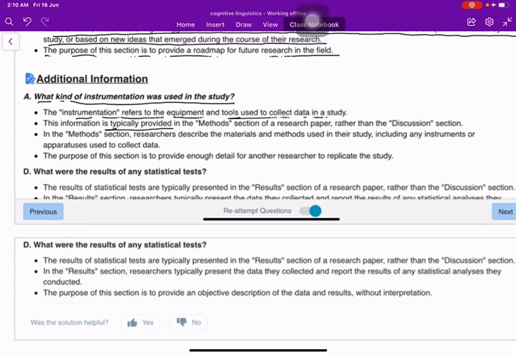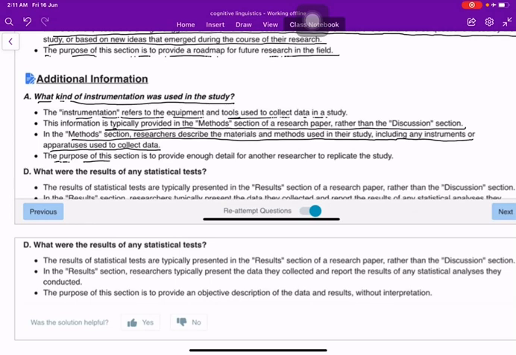This information is typically provided in the methods section of a research paper rather than the discussion section. In the methods section, researchers describe the materials and methods used in their study, including any instruments or apparatuses used to collect data. The purpose of this section is to provide enough detail for another researcher to replicate the study.